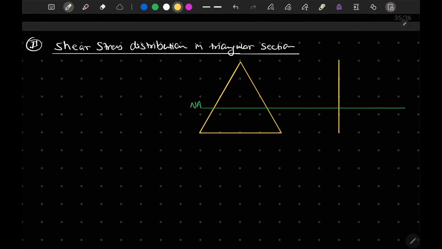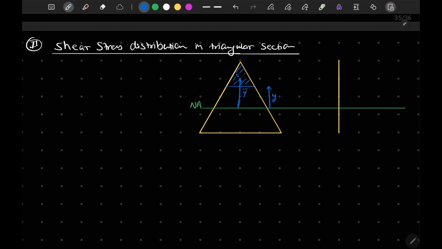Let's say that at a distance y we have considered an element, and if we consider this complete region, let's say that C is the centroid for this region. So this will be our y bar.